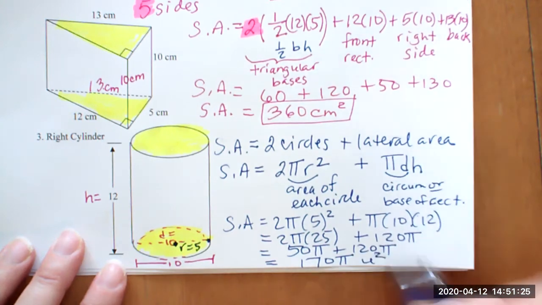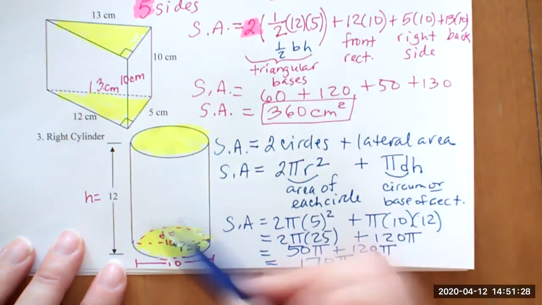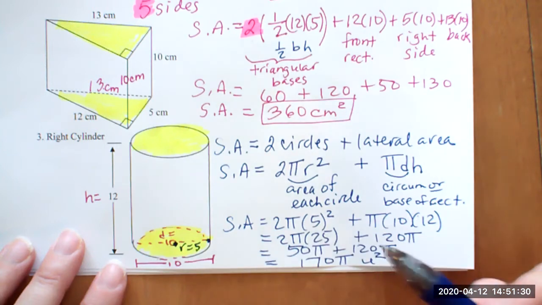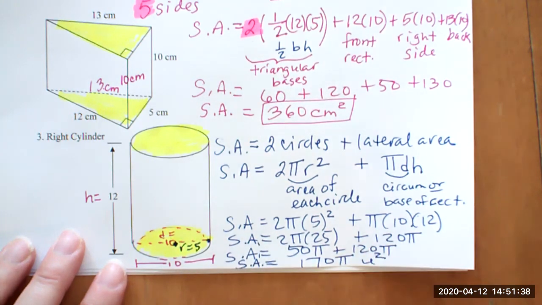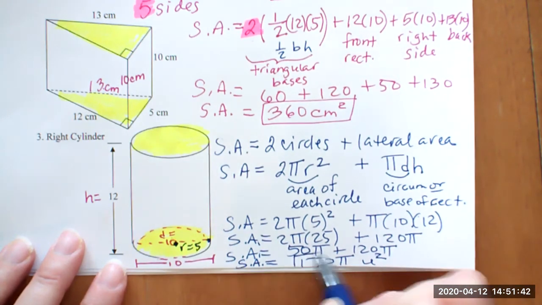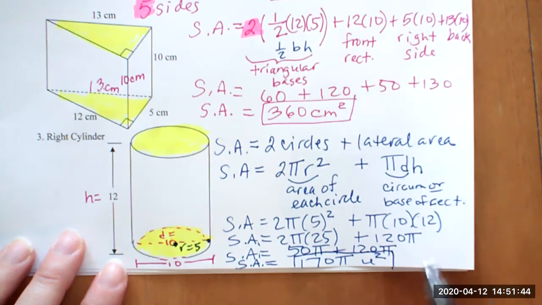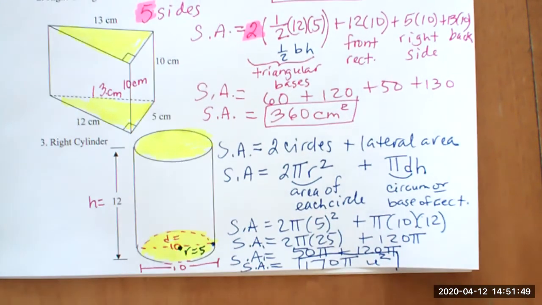I can just leave it as units squared because I don't have any other specific units here, and I don't have to go any farther. I've got an exact value there, so there's no reason to round this. If they told me to round to a certain decimal place, I would do it, but otherwise, I'm just going to leave this as 170 pi units squared. Okay, so we'll pause for a moment before we go on to pyramids. And when I say I'm pausing, I want you to pause and review before you move on.